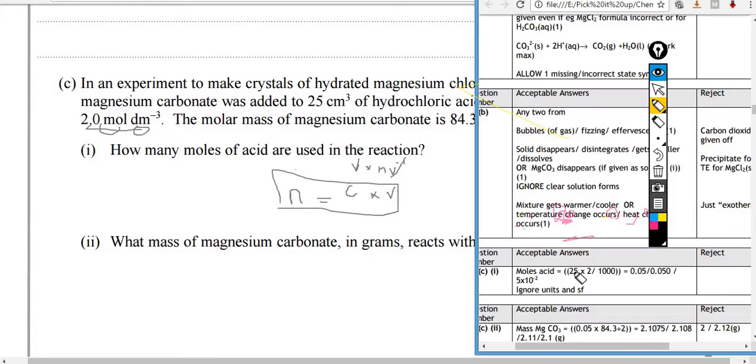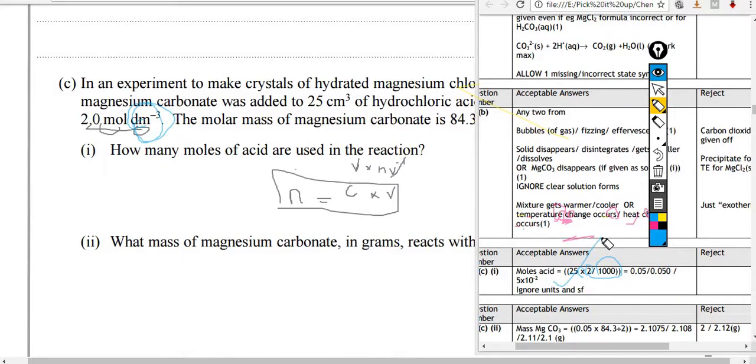So the volume, here you have 25 cubic centimeters. To make that cubic decimeters, you have to divide 25 by 1000, because the concentration is in per cubic decimeter, and then you have to multiply that by 2, which is the concentration, and that will give you the answer.